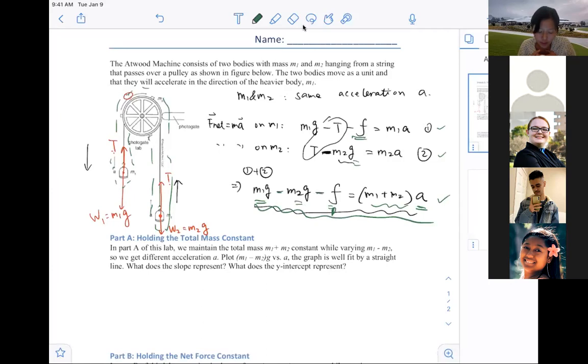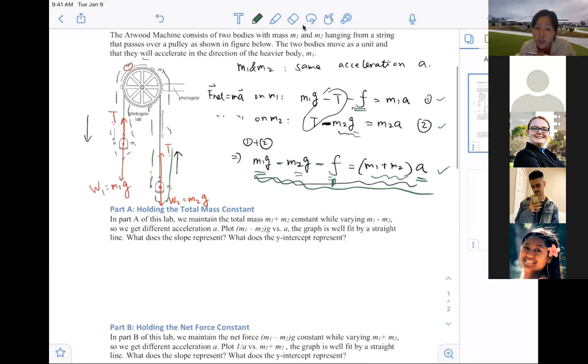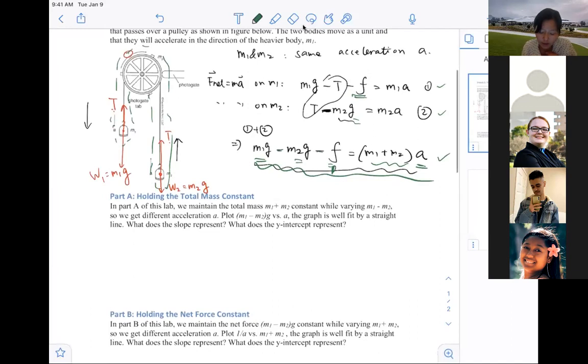Okay, so having that equation now, what we are trying to do is come up with a way so that we can plot it. In part A of this lab, we maintain the total mass constant. So there are two cups, and each of the cups has different weights in it. And we make sure that the total weight of the two cups is kept constant.